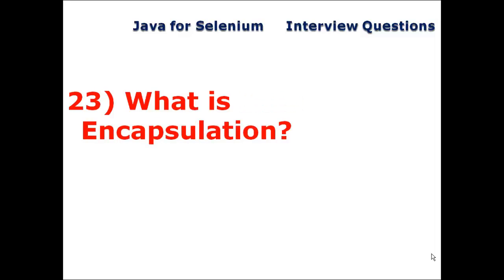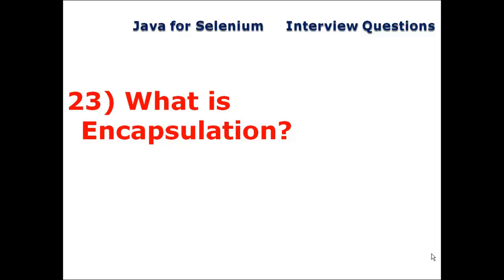Next, what is encapsulation? It is a process of wrapping code and data into a single unit. Encapsulation is the technique making the fields in a class private and providing access via public methods.